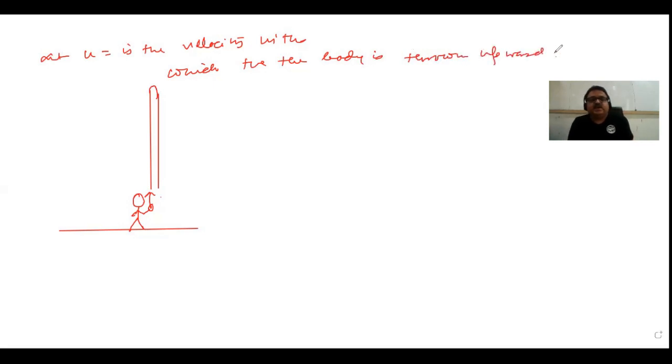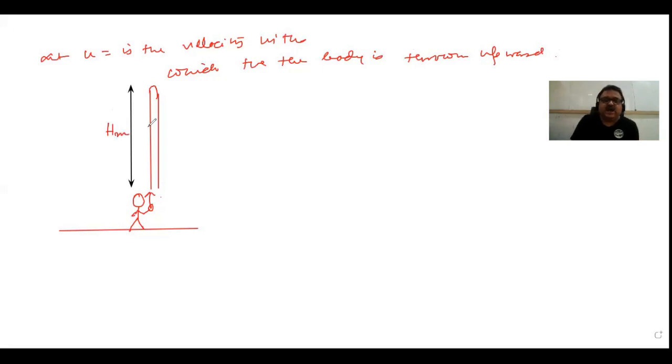Okay. Now, this is the maximum height reached by the ball. Let me draw it. This is the value of the maximum height, so this is the value of H max.